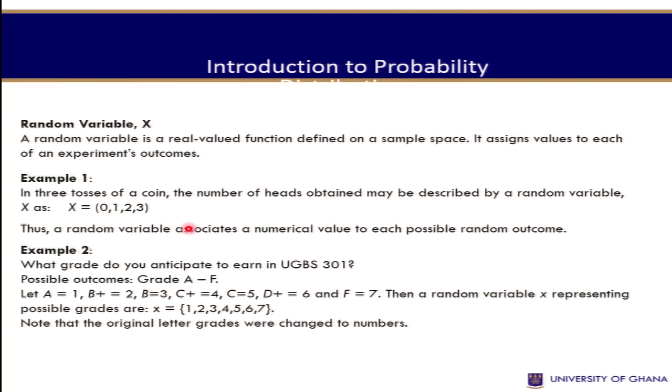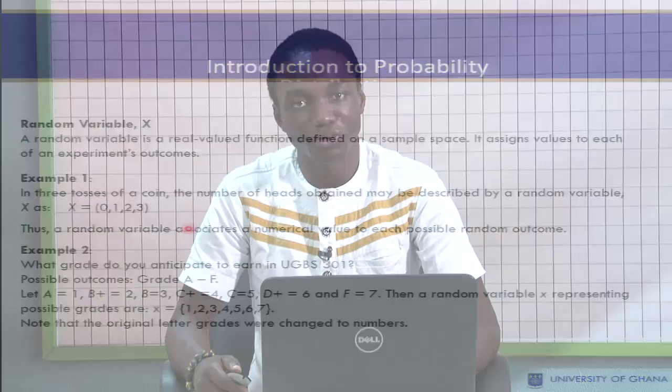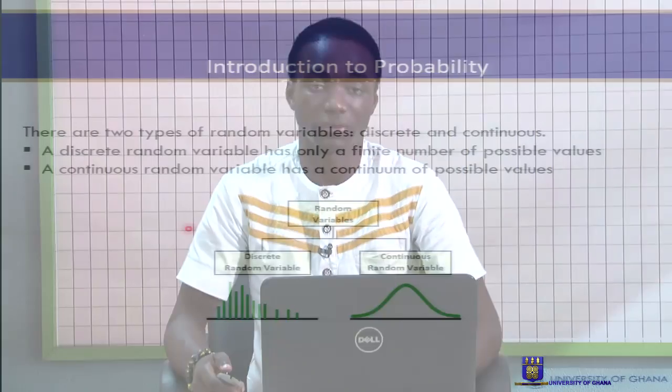Yes, I expect that most of you would expect to earn an A. But the possible outcomes range from A to F. Of course, if you say A is 1, B plus is 2, B is 3, represent C plus as 4, represent C as 5, D plus as 6, and F as 7, then your grade can be a random variable X, which represents your possible grades, which is given from 1 to 7. This is an example of a random variable.